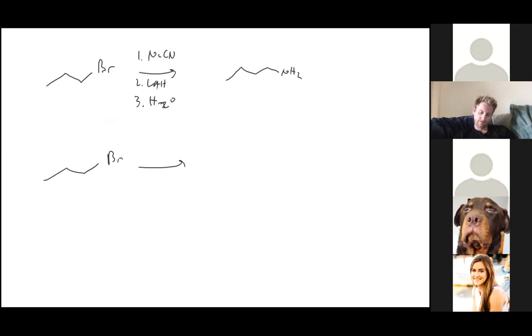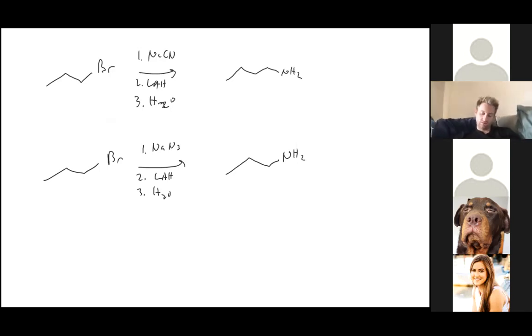You can instead add NaN3 followed by LAH and water. You can do your direct amine conversion. So you're not adding an extra carbon for this one.